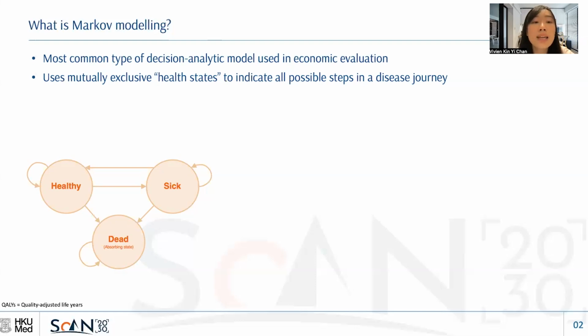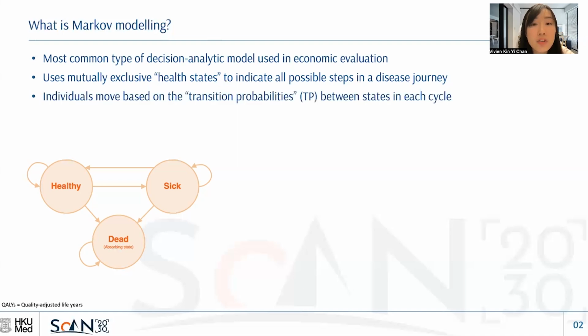Now, of course, many HTAs that you see in the real world contain far more health states and far more complicated transitions, but theoretically, every Markov model should work similarly. After setting the basic Markov model structure, patients will be allowed to move between the health states based on the transition probabilities per cycle.